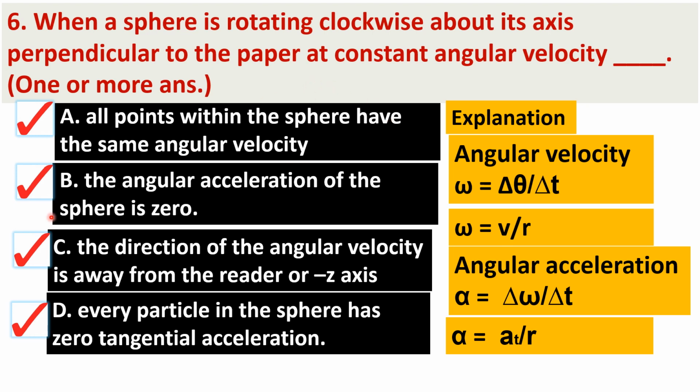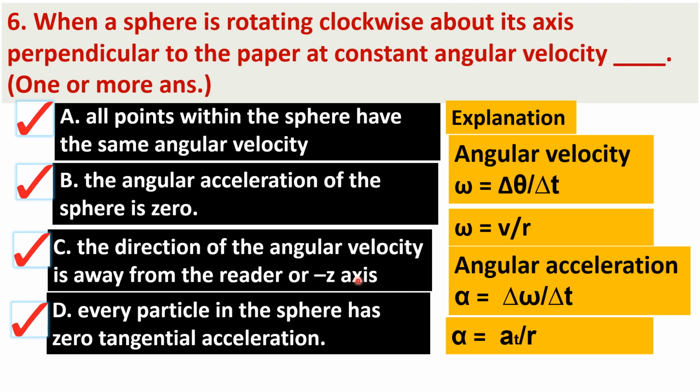And that is similar to saying away from the reader, like saying into the paper or into the screen of your computer. So this is specifically what describes the direction of the angular velocity when the rotation of the sphere is given as clockwise. Since it's into the paper or into the screen, that is also commonly known as the negative z-axis.